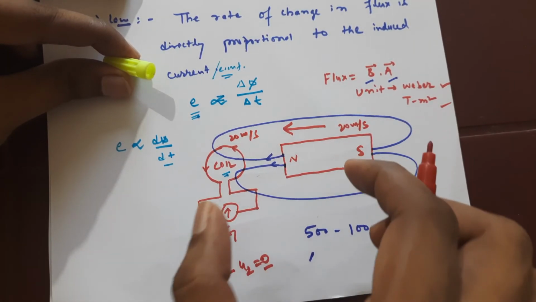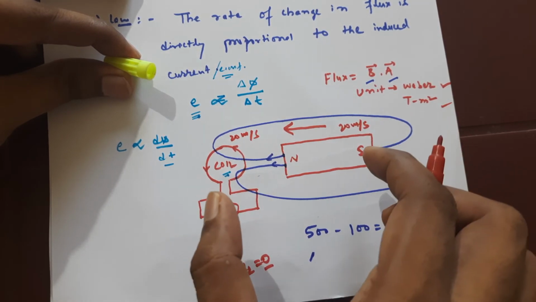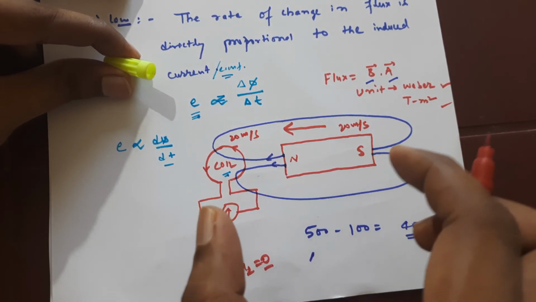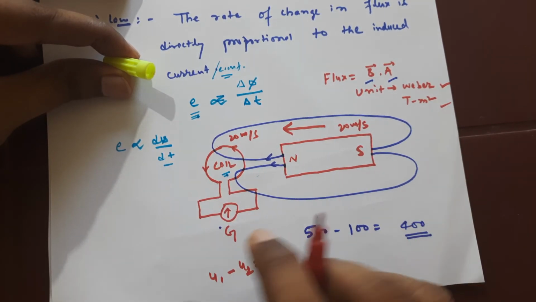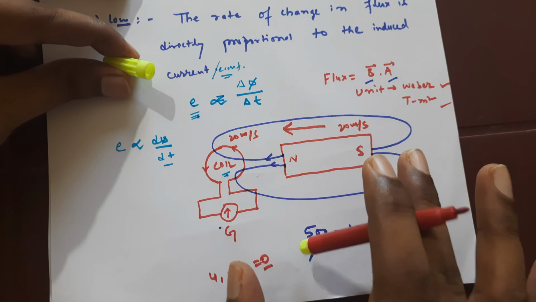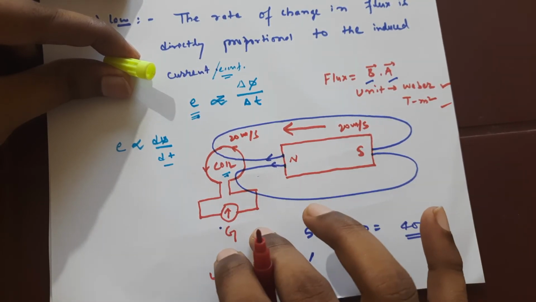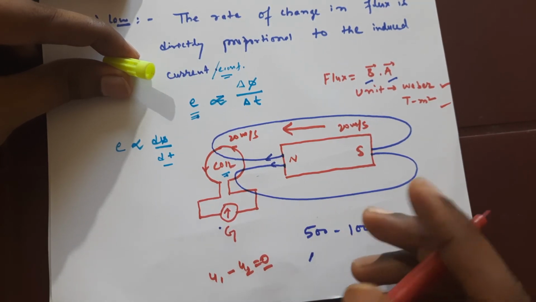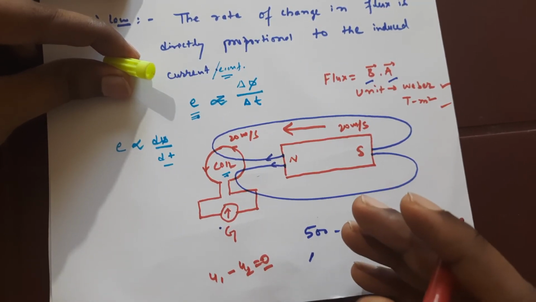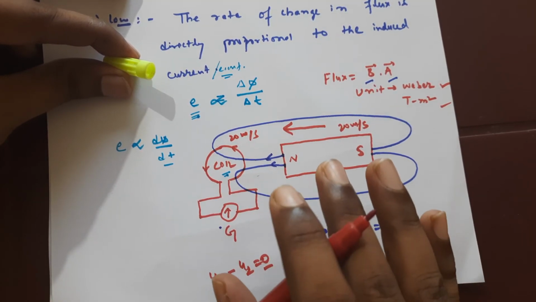So if there is a zero relative velocity between them, in that case there will be no flux change, and so current will not be induced. So in both the cases, either both are at rest, or both are moving with the same velocity in the same direction, there will not be any production of EMF.